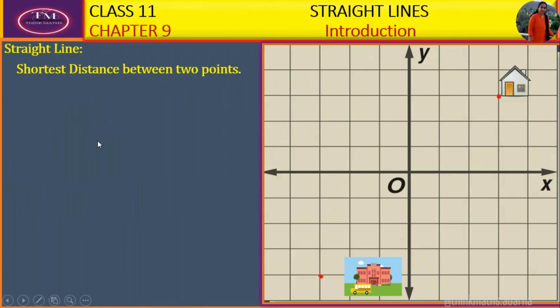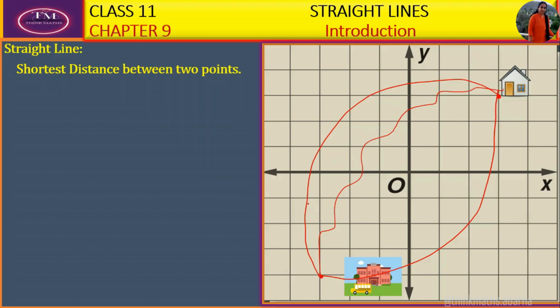Now, what is a straight line? It is nothing but the shortest distance between 2 points. See here, we have 2 points. Here it is a school and this is a home. How to travel from school to home or home to school? You can travel in this way, and you can travel in this way also.